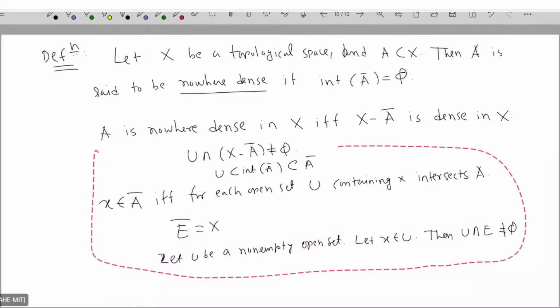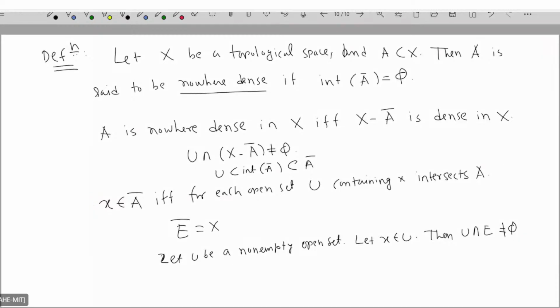Okay, I think I should not read it. Let's say the interior of A closure is an empty set. So that means whatever open set you choose, it will not be in the interior of it.